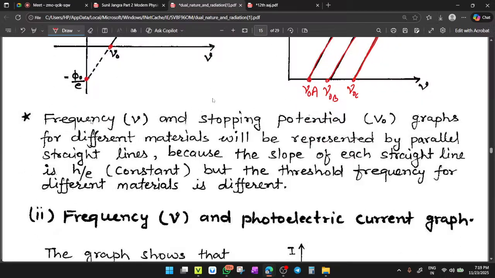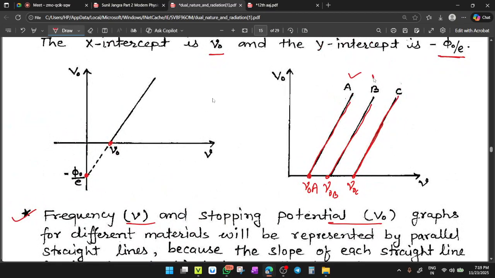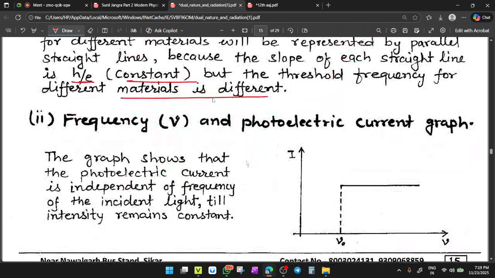For different materials, the graphs are represented by parallel straight lines because the slope of each line is h upon e, which is a constant. But the threshold frequency for different materials is different, depending on the material, so they can have different threshold frequencies for the three materials A, B, C. Clear?